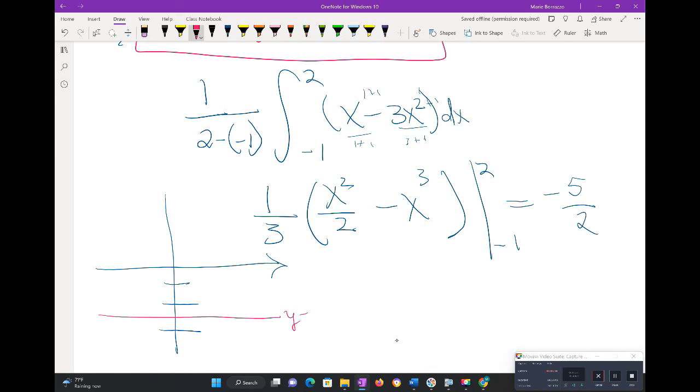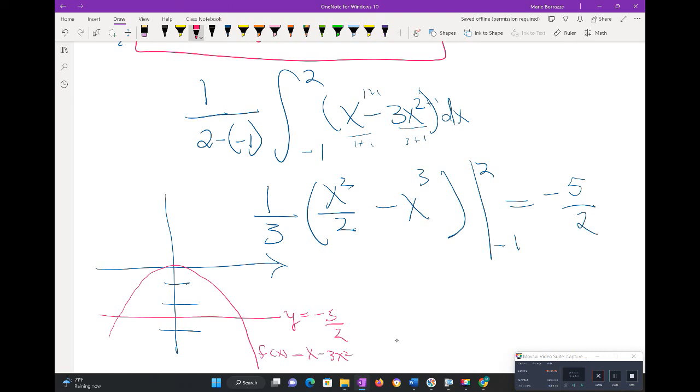So this is y equals -5 over 2. And if you were to graph this function, it is cutting through these two numbers right here. So it's going through here, something like this, where this is the diagram for f of x equal to x minus 3x squared.